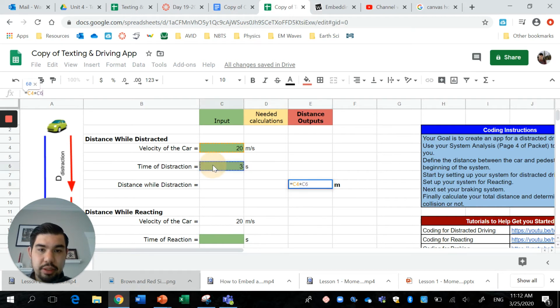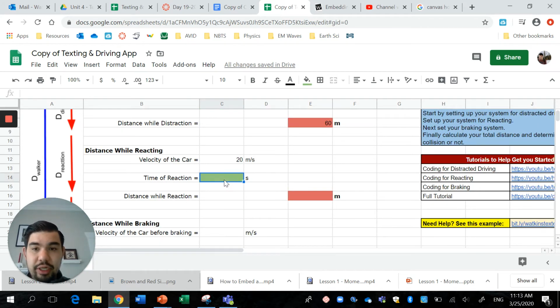That's in part because I clicked on the same cell twice. All right, so now notice for the distance while reacting, for the velocity of the car, I just wrote in equals C4, right? So whenever I change this number should change as well. So all I have to do to change the velocity is just change this first cell and it will update here.